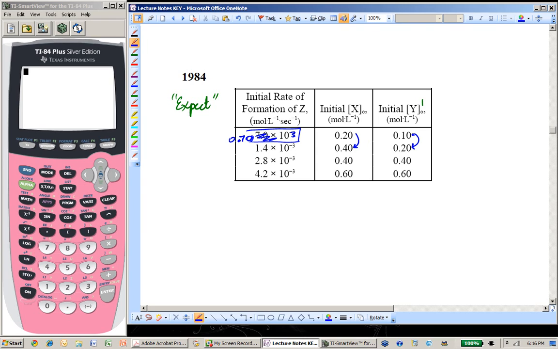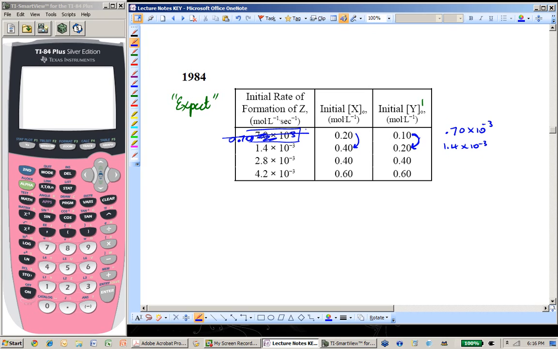How do we know that? Because we know that whatever we do to the concentration of y also happens to the rate. So if this was 0.70 times 10 to the minus 3, by the time it gets here, it's going to be 1.4 times 10 to the minus 3 anyway, just because that doubled.